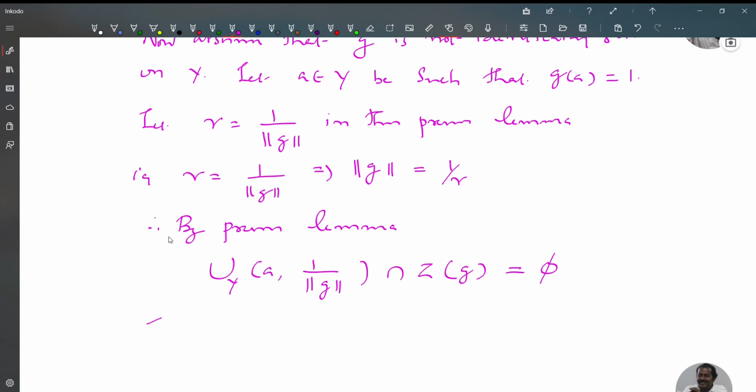Let E equal to U_X(a, 1 by norm g). So U_Y(a, 1 by norm g) is an open ball in Y with the center a and radius 1 by norm g, and you consider the same ball as an open ball in X.